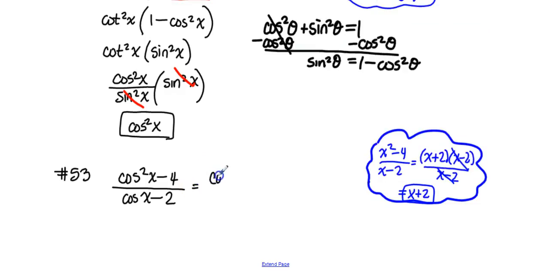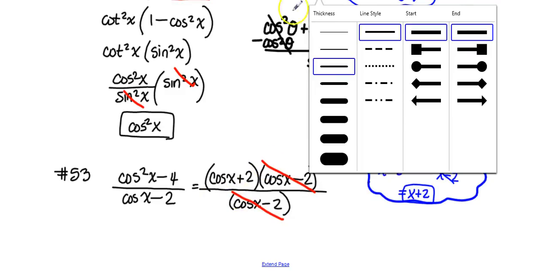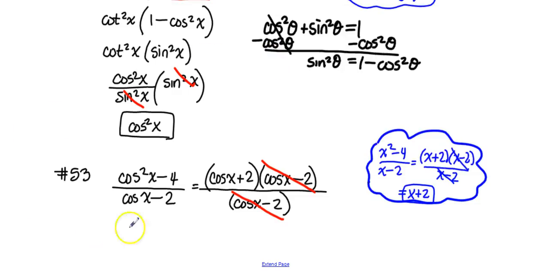We can factor this to be cosine of x plus 2, cosine of x minus 2, and it's still all being divided by cosine of x minus 2. Check out what cancels. Cosine of x minus 2 cancels with cosine of x minus 2, leaving behind cosine of x plus 2.